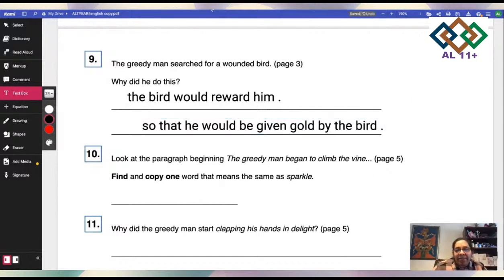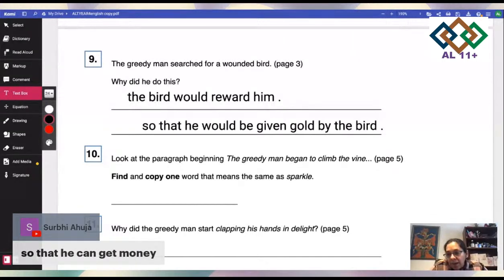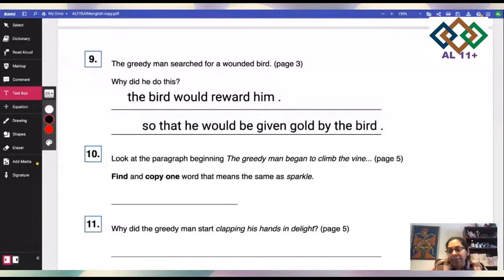Because he wanted to get reward from the bird. He wanted to get rich. Yeah. Instead of saying money, because he wanted to get more gold.